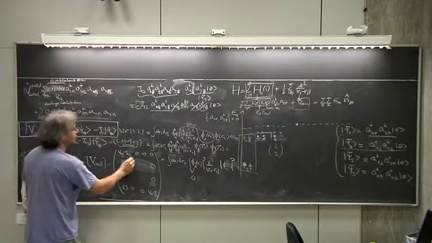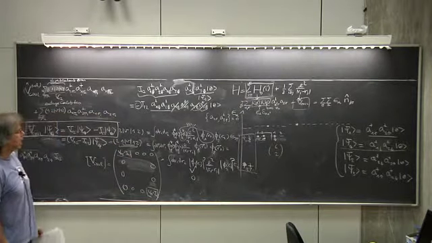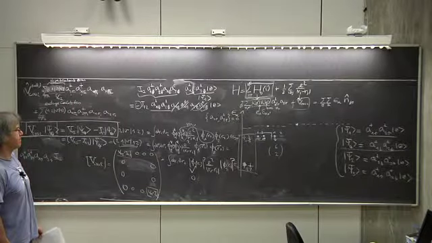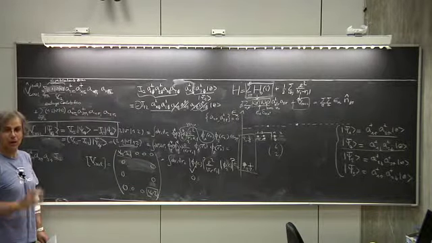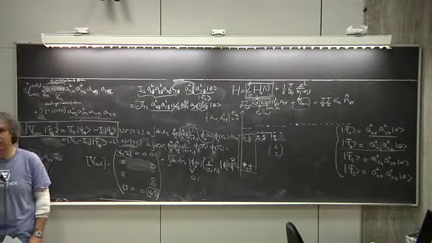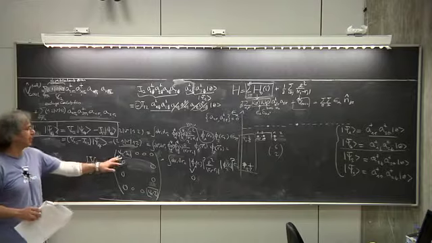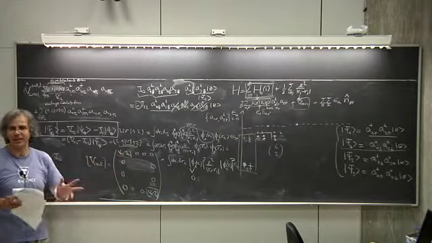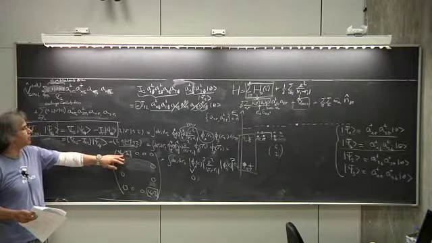And they have this energy. Perhaps it's not surprising that they are eigenstates. Somehow they are spin eigenstates also. V doesn't change the spin, and therefore they cannot be mixed with anything else because they have spin 1 and total component of the spin plus 1.